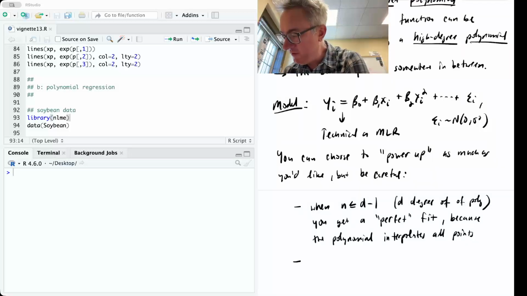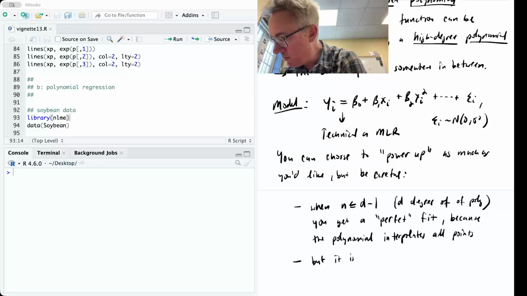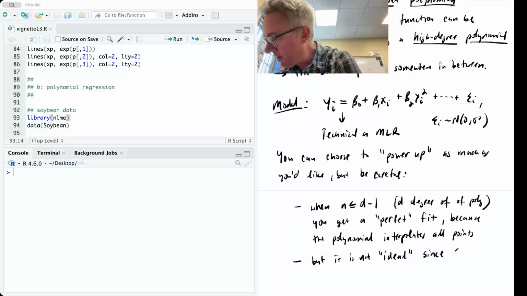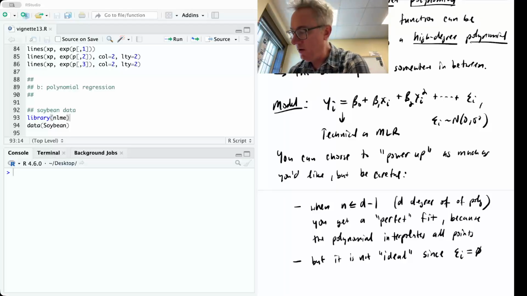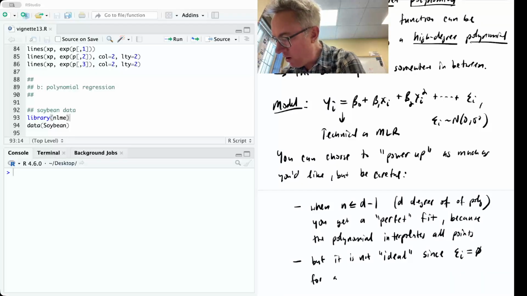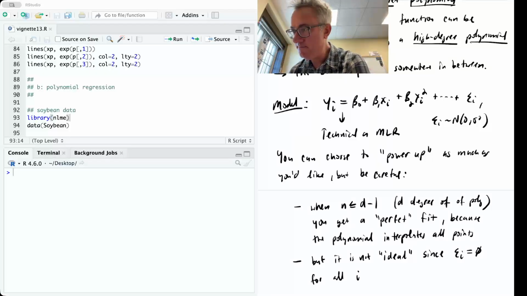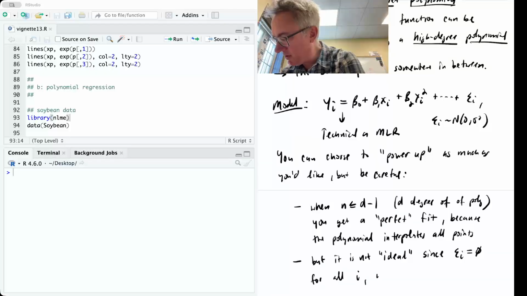But that perfect fit is not ideal, which I will also put in quotes, since if you're interpolating, all of the epsilons are 0 for all i, which isn't Gaussian.